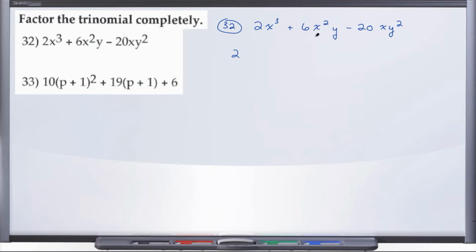We have an x cubed, an x squared, a single x. So remember from the first part of the review series, when we're dealing with variables and their exponents, we take out the smallest exponent. So in this case, we're going to take out just a single x, right? Because the exponent here is 1. So between 1, 2, and 3, 1 is certainly the smallest.